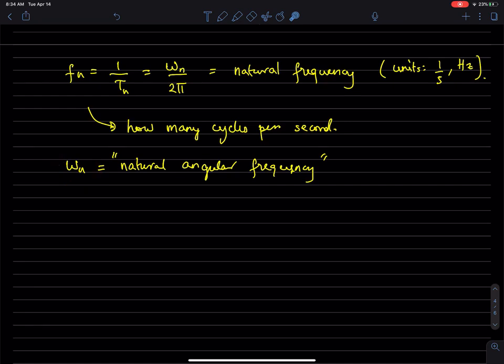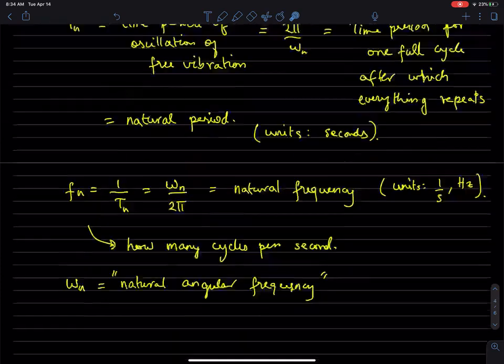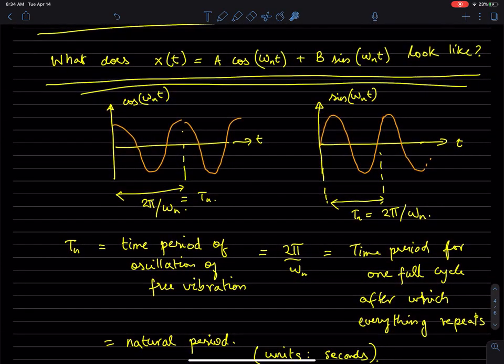So if we just say natural frequency in words, in terms of cycles per second or RPM or something like that, we just assume that it's Fn. Otherwise, we will state explicitly that it's natural frequency omega n. Okay, so that's about the frequency of oscillation or the period of oscillation.